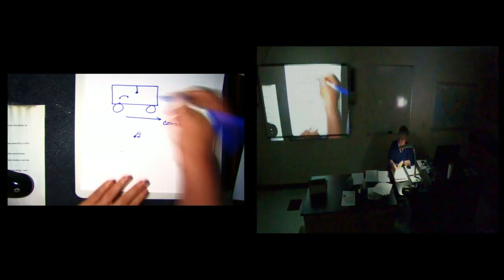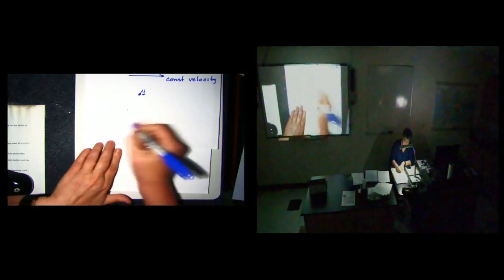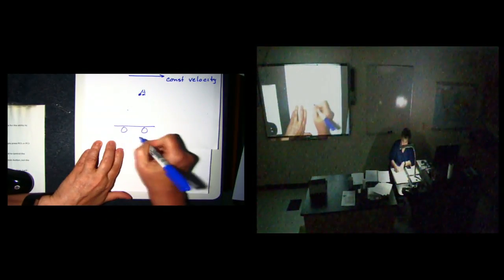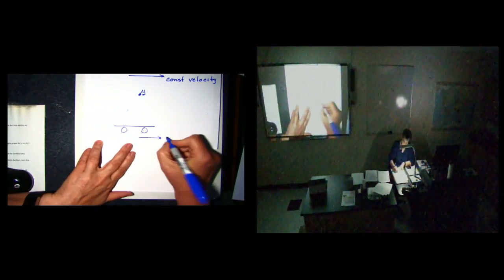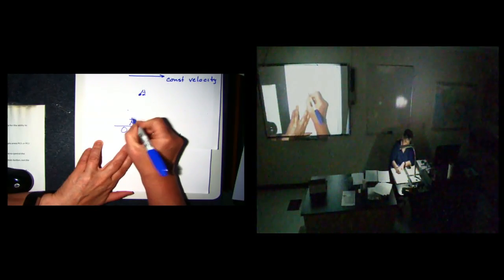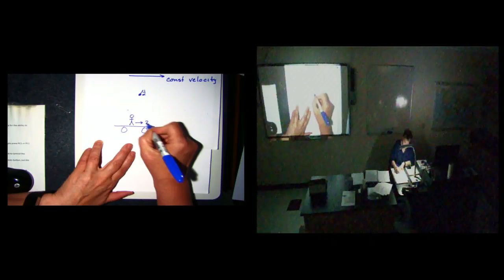But if I'm looking at it from a relative motion from an observer up here, it looks like I'm moving at 7 meters per second, because I'm taking into account both the motion of the rail car and the motion of the person in the rail car. If the Earth was accelerating, then we'd have some issues.